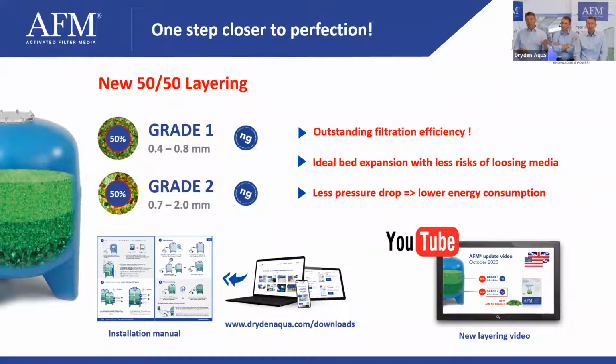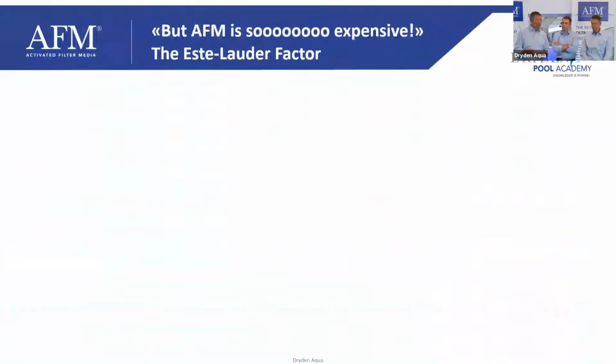So with the 50-50, you have the same outstanding filtration efficiency as with the layering before. You have an ideal bed expansion, not too high. You will not lose media, or not too much, and you have less pressure drop. So that's the one to use. If you don't remember it anymore, go to the session or watch our layering manual video on YouTube.